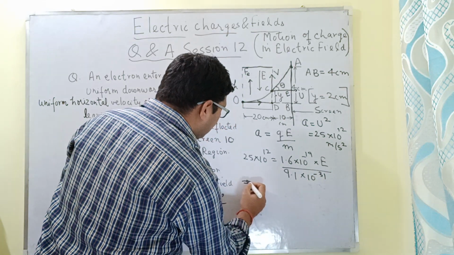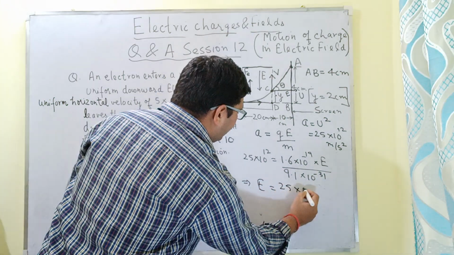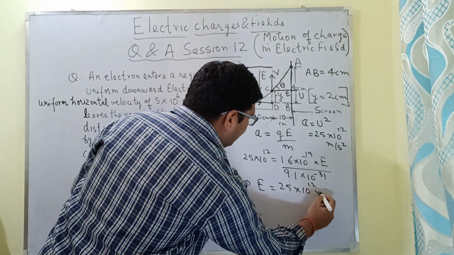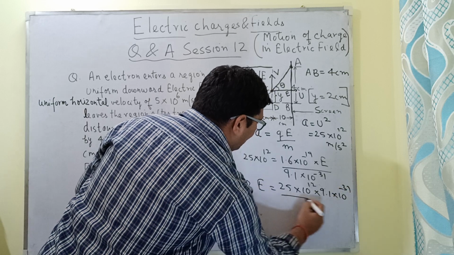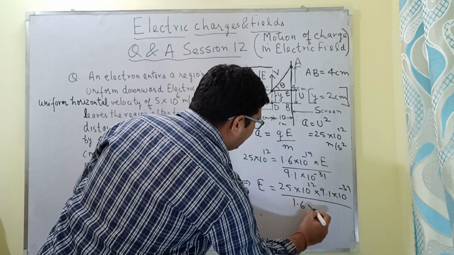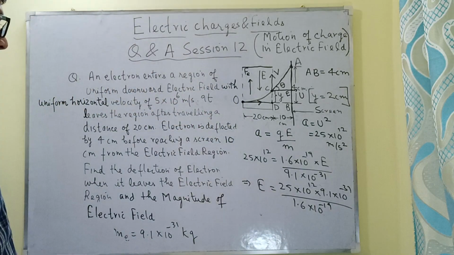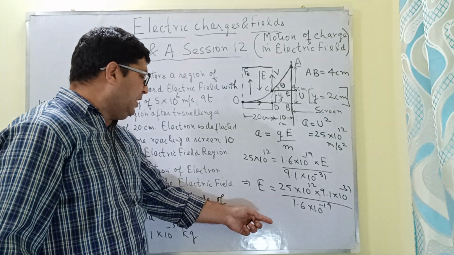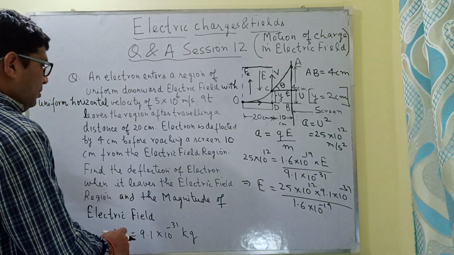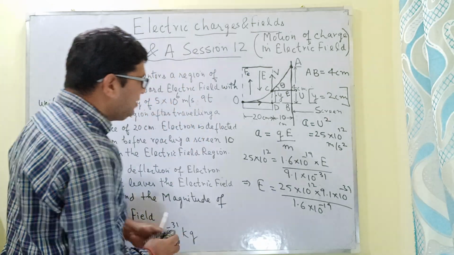So E will be equal to 25 into 10 to the power 12 into 9.1 into 10 to the power minus 31 divided by 1.6 into 10 to the power minus 19. So this is the value of this electric field, and we have to now solve this equation.